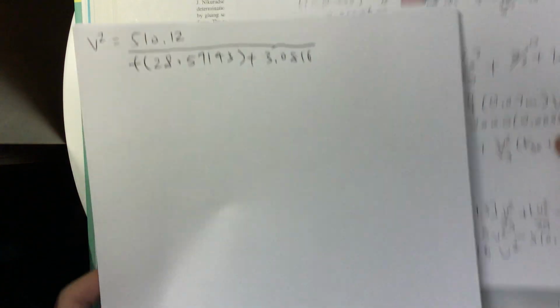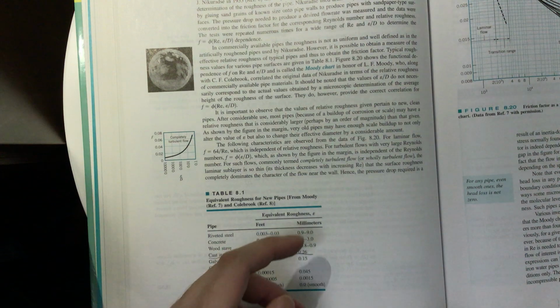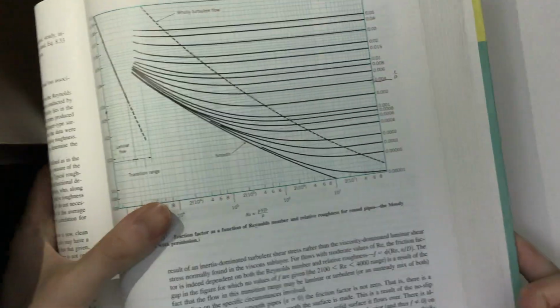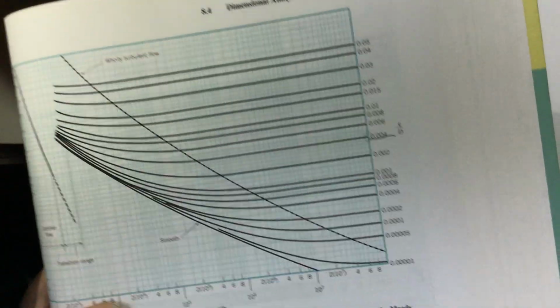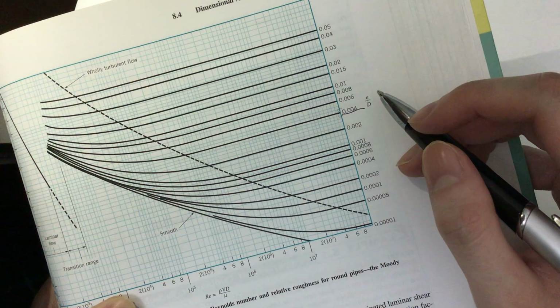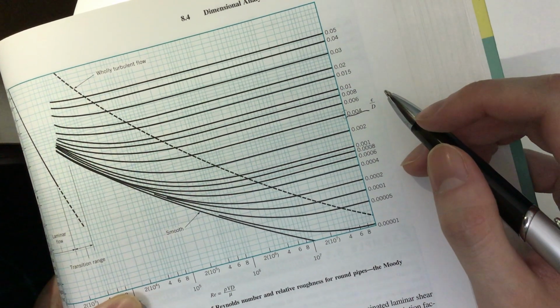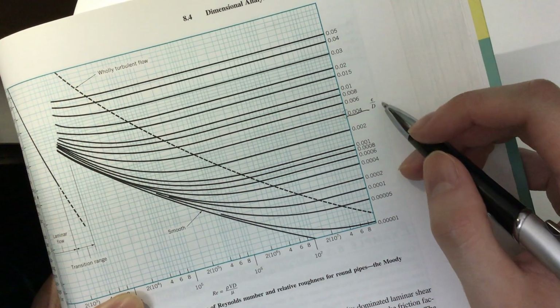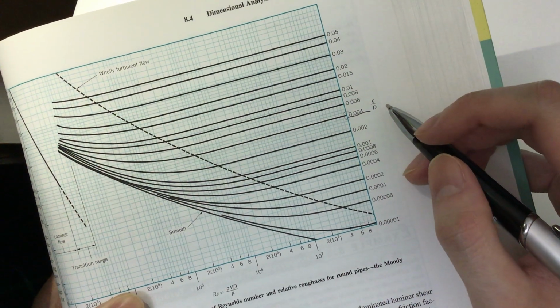So for the friction factor, okay, let's hold this up a little bit. Epsilon, which is given, which was 0.00026 meters, and our diameter was 0.07 meters.